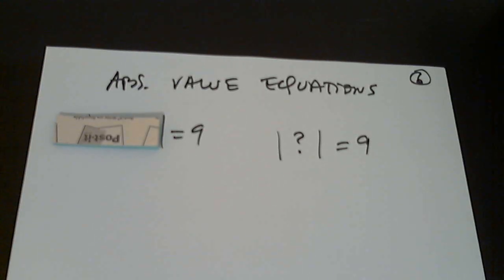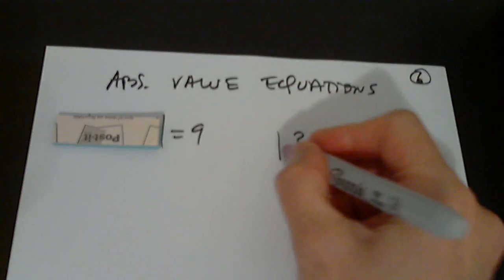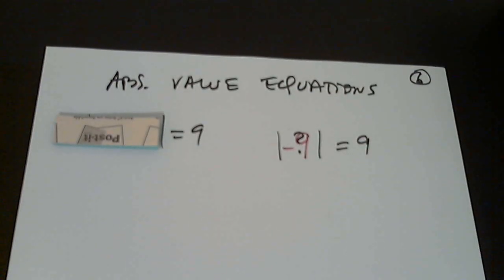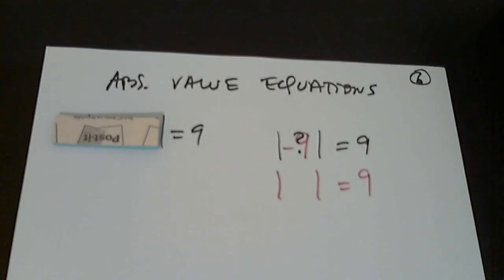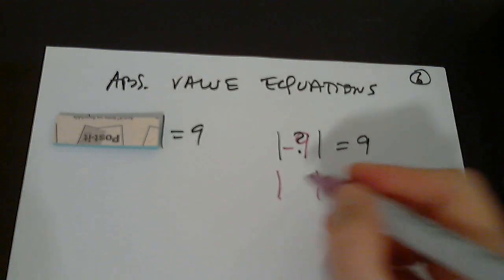What is one option? Negative 9? Yes, it can be negative 9. The absolute value of negative 9 is 9. What else can it be? True, but all I meant was 9.